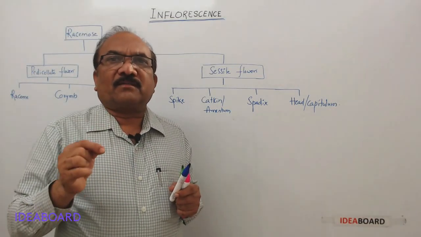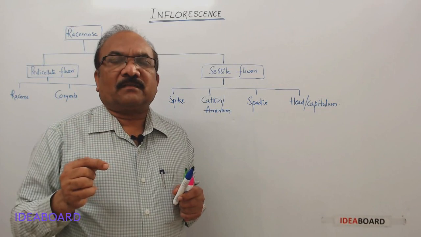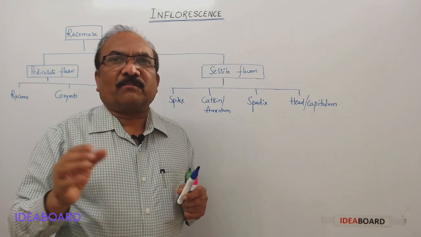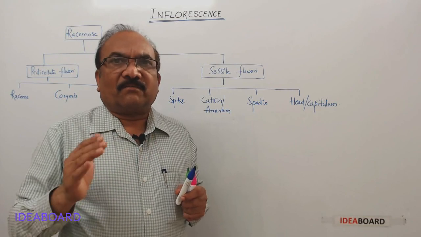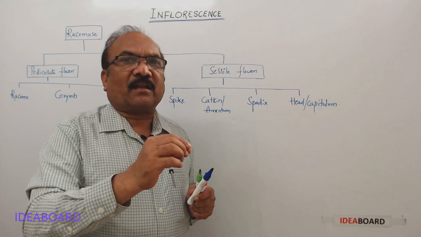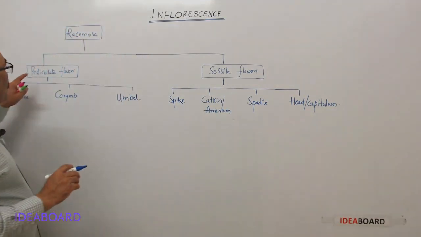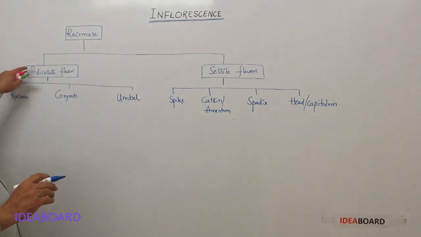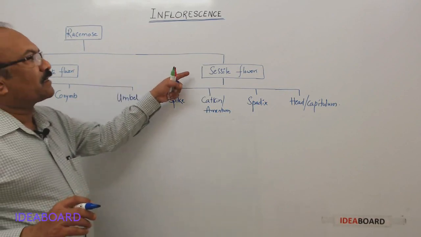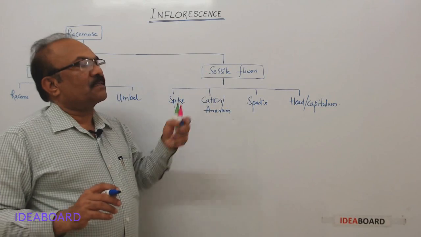The stalk of the flower is called pedicel. When the flower is with the pedicel, the flowers are called pedicellate flowers. When that pedicel is absent, we call them sessile flowers. So the first category, racemose inflorescences with pedicellate flowers, and the second category, racemose inflorescences with sessile flowers.